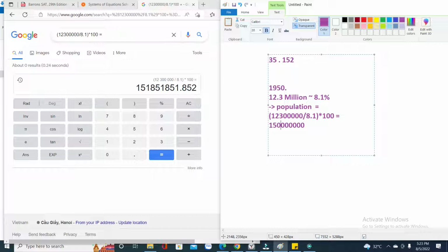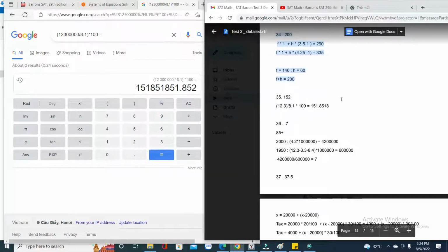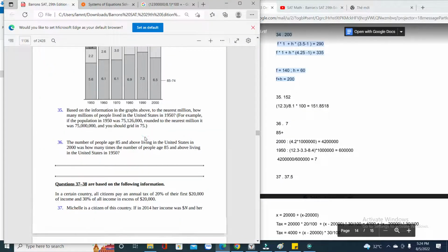Yeah, that's exactly it. So 152 for 35. Okay.